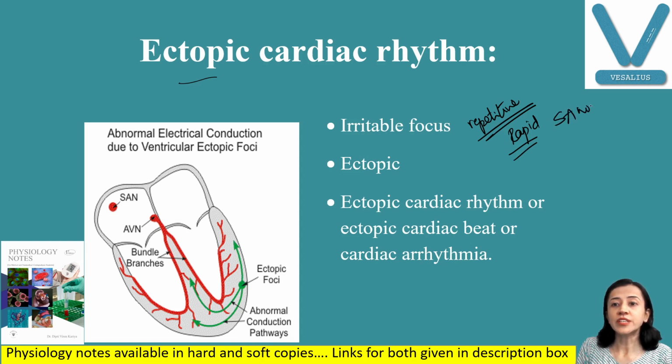It will generate its own impulse, and because the rate is more rapid than the SA node, it may become your pacemaker. This rhythm is ectopic because it is not from the normal conducting tissue. If it discharges only once, it produces an ectopic cardiac beat, and if it discharges multiple times, it produces an ectopic cardiac rhythm.